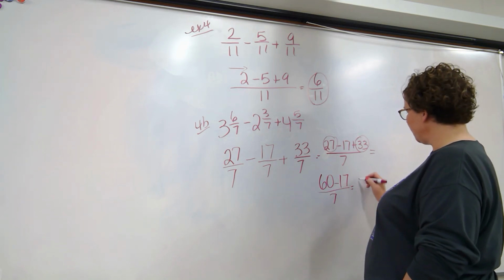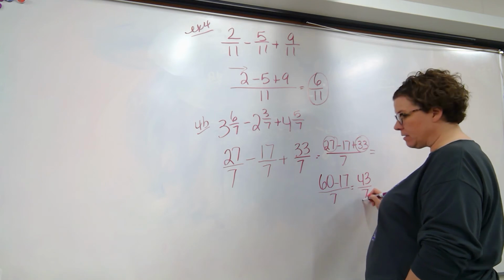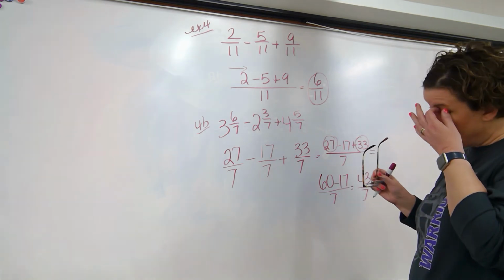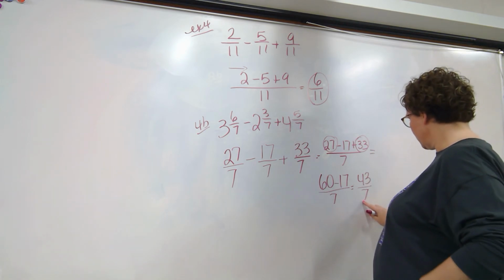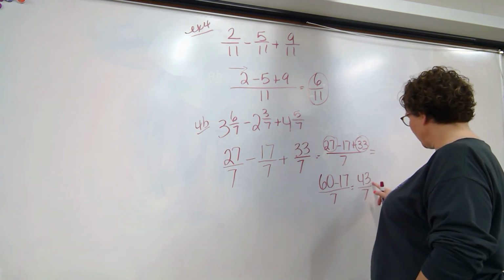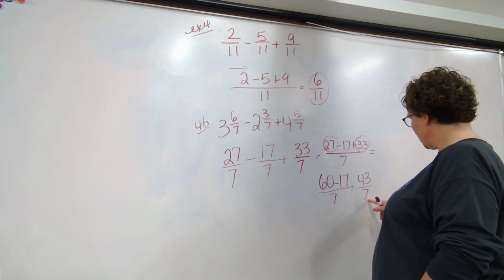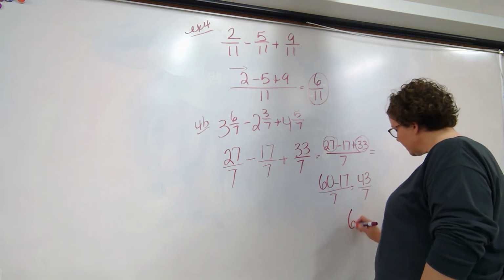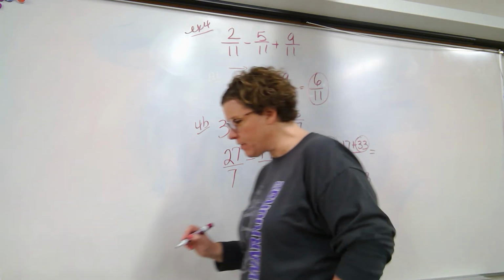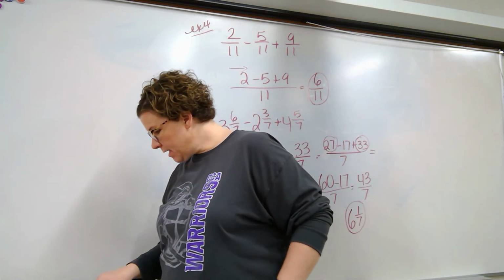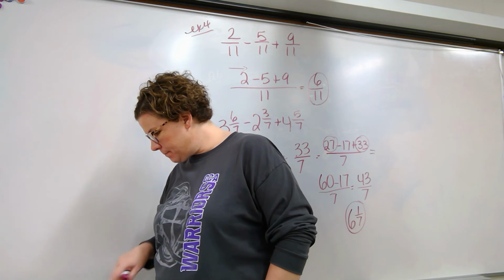And this gets me 43 over 7. And I need to change this back to a mixed number. 42. So it's 6 1/7 is my answer. 6 1/7. Yes. Okay, that's on page 221.